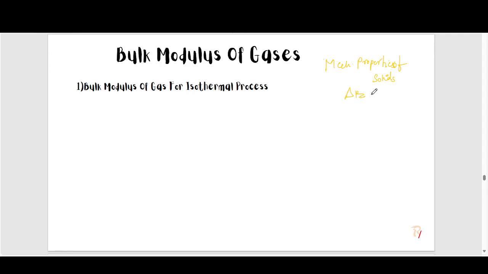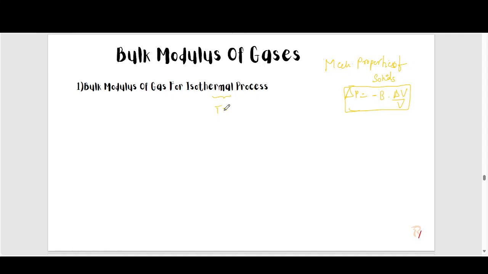Del P is equal to minus B into del V by V. Remember this. For an isothermal process, what will be constant?